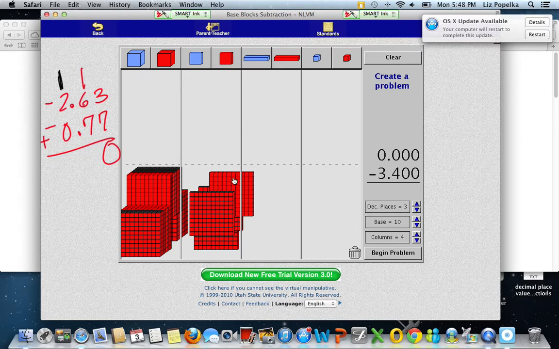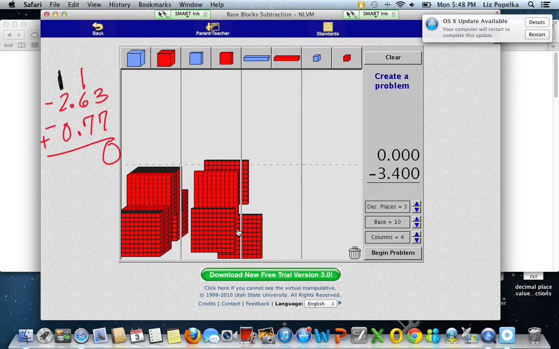Or actually, nope, I've got 4 over here, don't I? Yep, I've still got 4 left behind. After I move that extra 10 over here, now I've got 4. Because I had 6, then I added 7 to get 13, plus 1 is 14. So I need the 4 to represent the fact that I still have 4 over here.